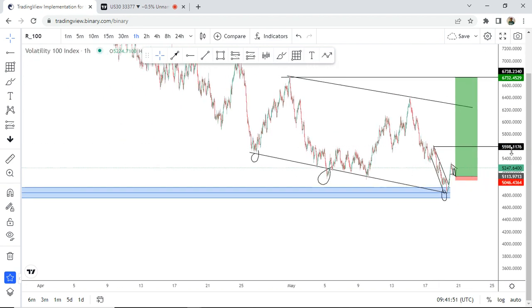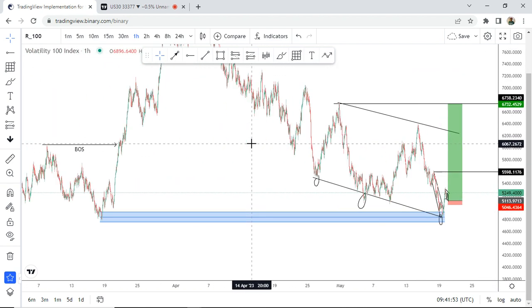So guys, these are the three pairs that I'll be focusing on this weekend. I'm not gonna rush anything. It's still Saturday right now. I might take some positions maybe today around 5 p.m. That's when the volatility index is so aggressive around those times, guys.